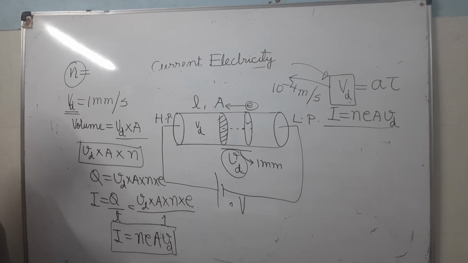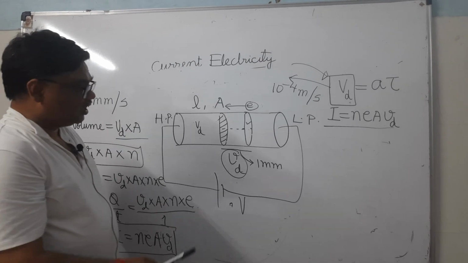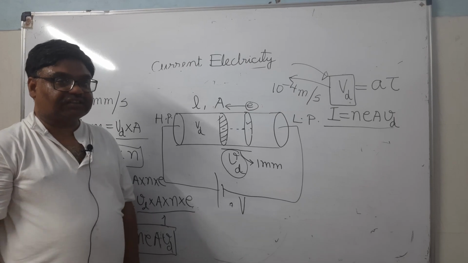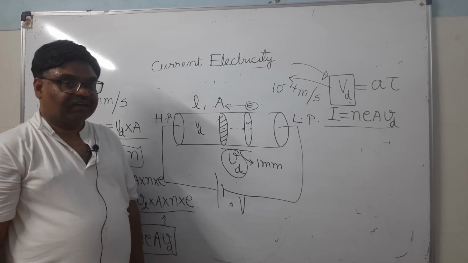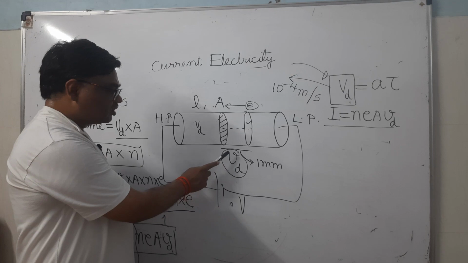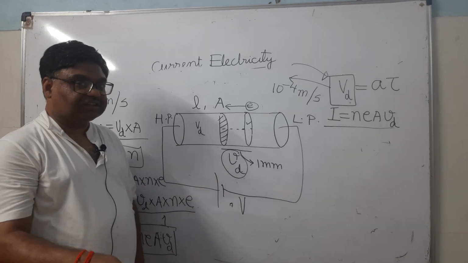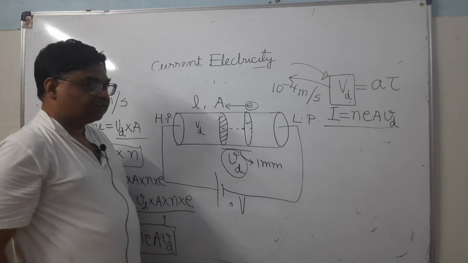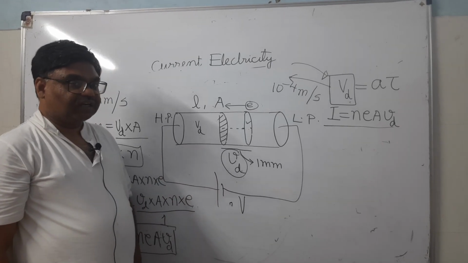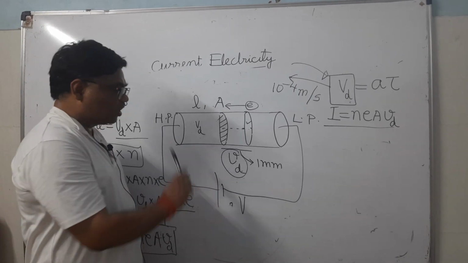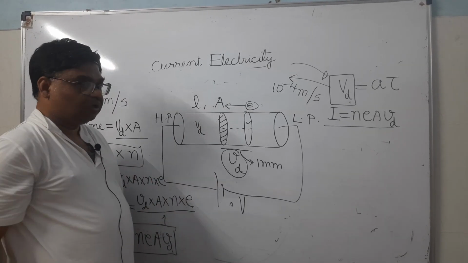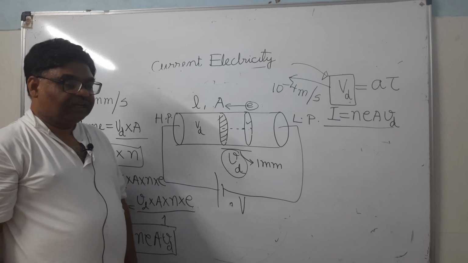You can see once again. If the drift velocity is Vd, then the electrons which are present in the Vd length will cross any cross section in 1 second. Now how many electrons are present in this length? Electrons means free electrons. So we will find out the volume of this length of conductor. Volume equals length into area of cross section, so Vd into A. Is it clear?